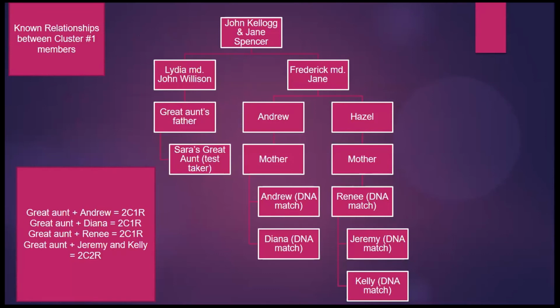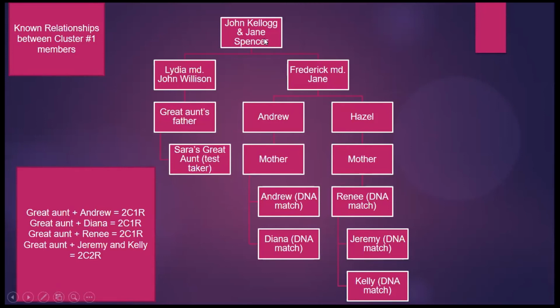We could figure out from those trees kind of what was going on with both David and Renee. Now, for some reason, oh, you know what I did? I think this Andrew here in this tree is supposed to be David. Okay, well, anyways, I made a little boo-boo there. But you can see up at the top, we've got the shared ancestor couple of all of those matches so far.